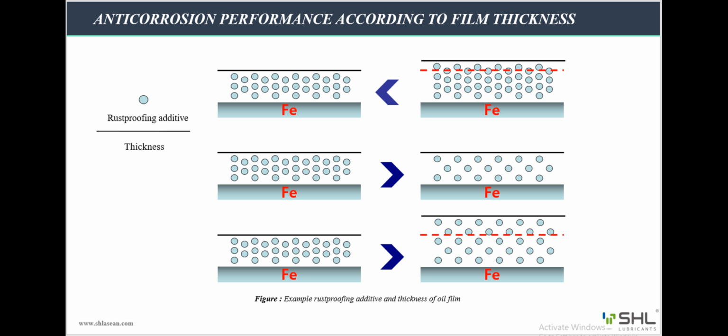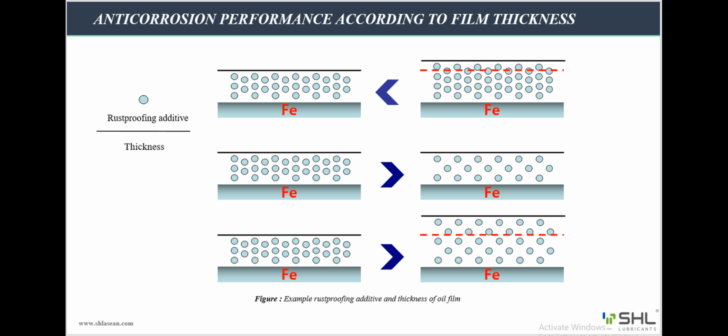Regarding the oil film thickness, the thickness of the oil film also plays an essential role in anti-rust oil. With the same density of anti-rust additives distributed in the oil film, the thicker the oil film, the better the rust resistance. However, with the same concentration of anti-rust additives, the thicker the oil film, the lower the anti-rust ability.